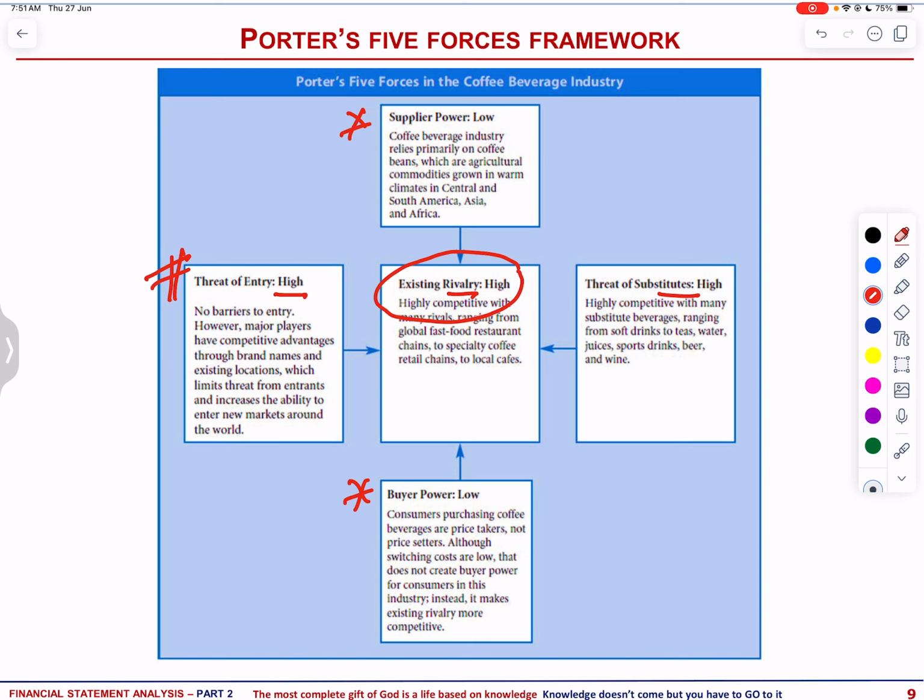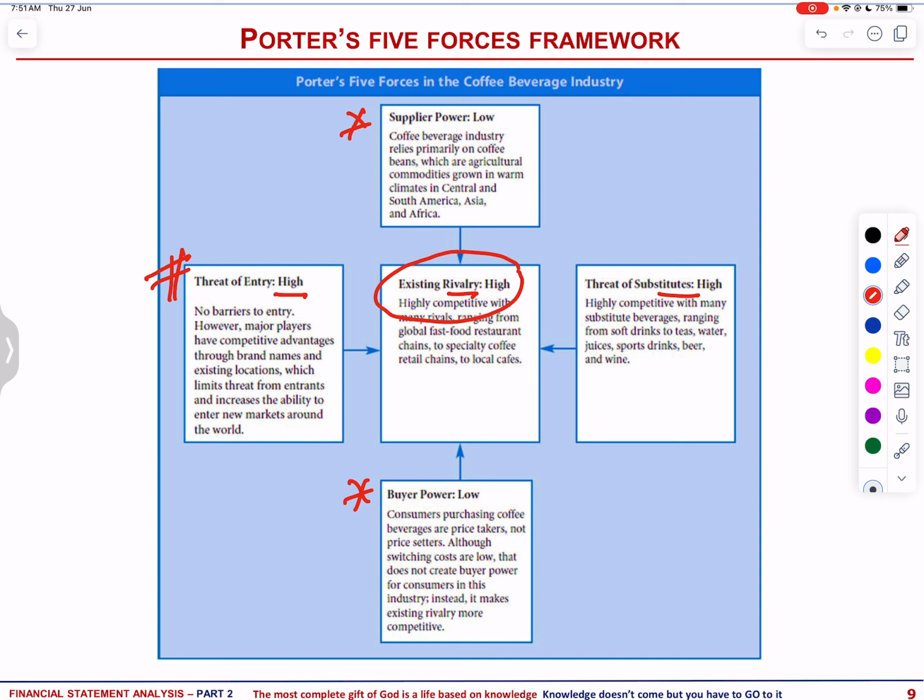Established brands like Starbucks and McDonald's enjoy strong brand recognition, reducing the threat of new competitors. Easy market entry allows both existing major players and new firms to compete by opening coffee shops. The industry is characterized by high competition from potential entrants due to ease of market entry.